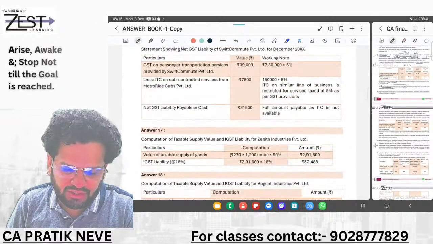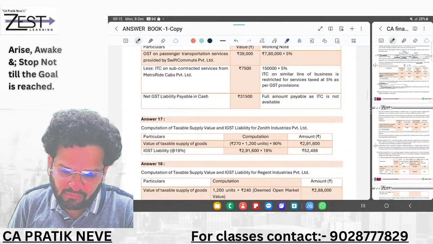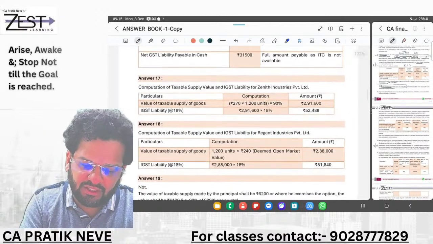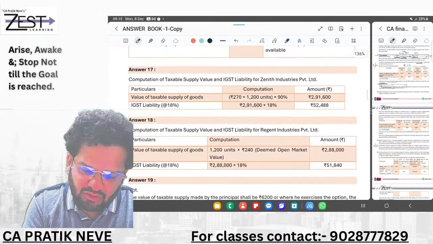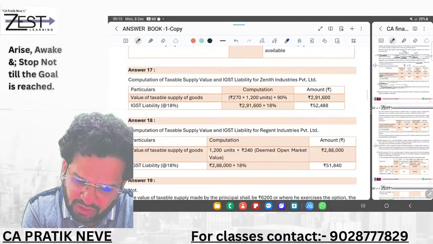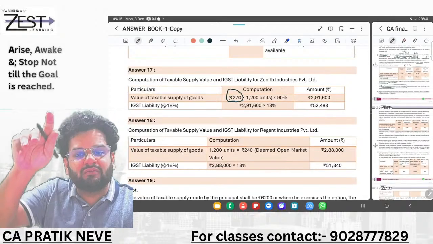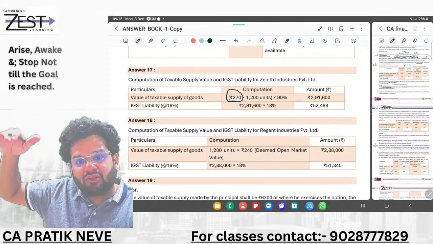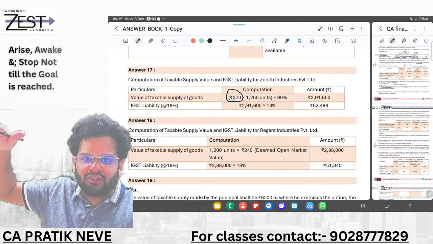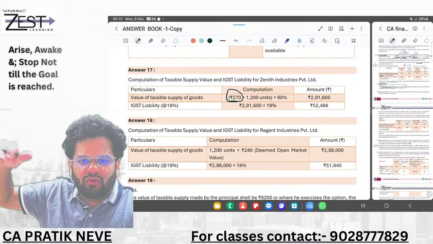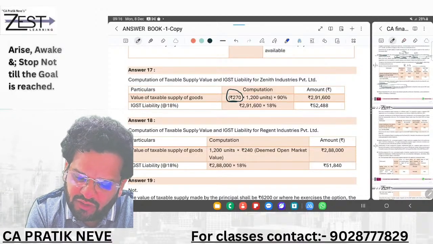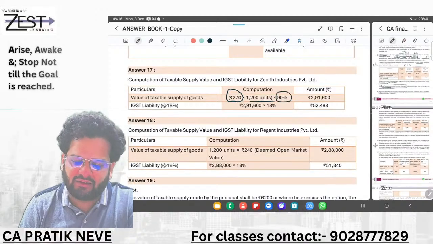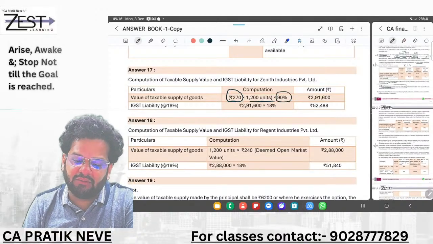So which question is it? 17th question. So the value of taxable supply will be 270. 270 was the price of such goods at that Kochi location. So into 1200 units for which we are doing the valuation, and friends, 90% of that. Why 90% of that?